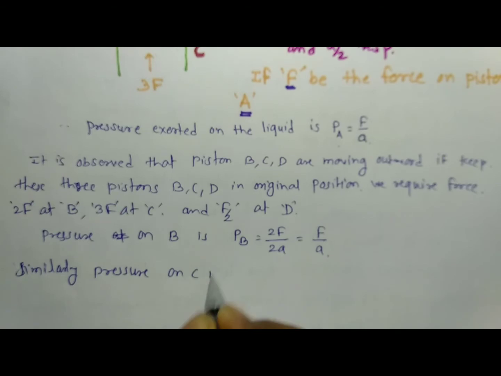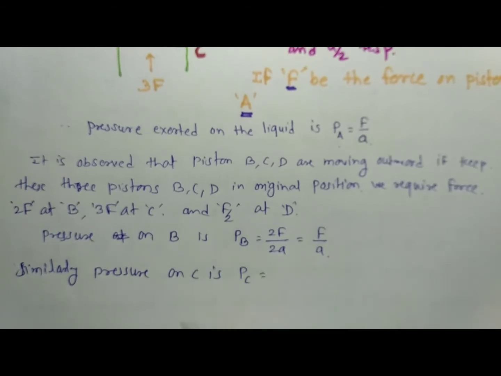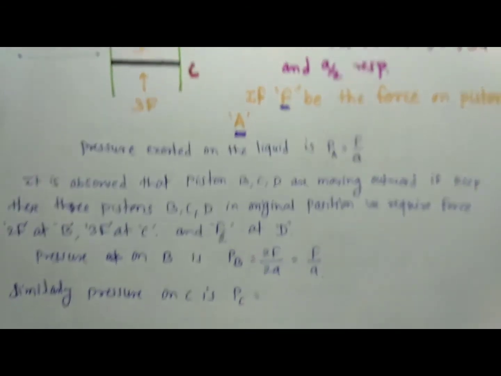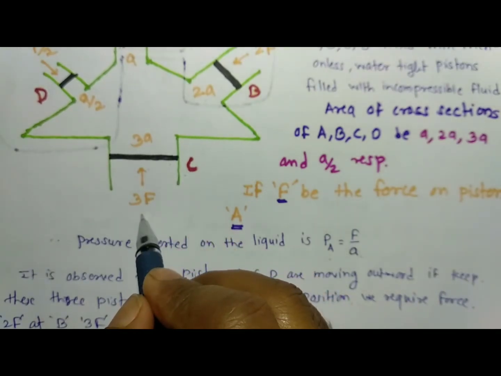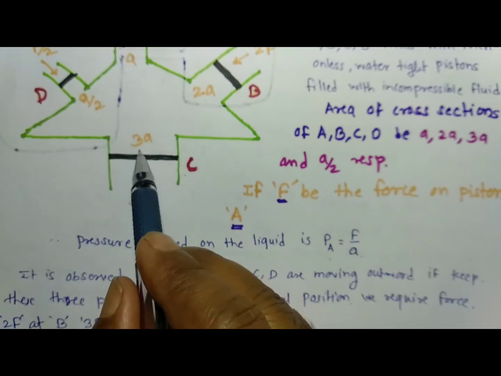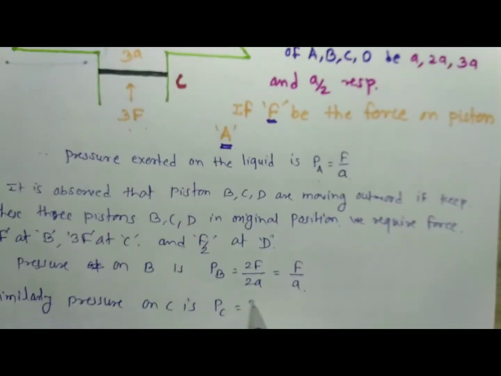on C is PC is equal to, where C is here, and the force acting at point C is 3F, and area of cross section is 3A, and therefore 3F divided by 3A.